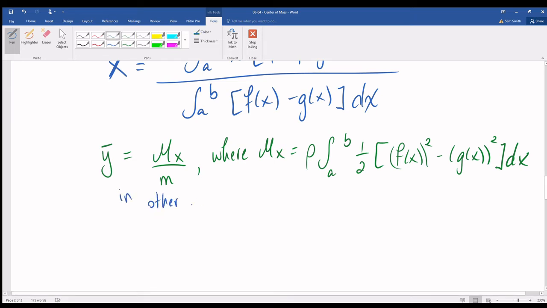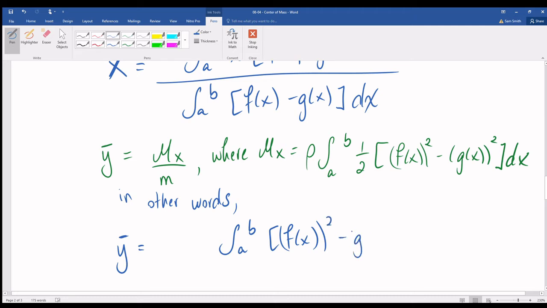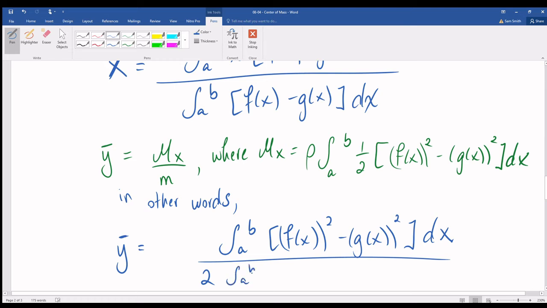So in other words, if you want to calculate y bar, you can do that by integrating from a to b f of x squared minus g of x squared with respect to x, and you can divide that by 2 from this 1/2, all over the integral from a to b of f of x minus g of x.